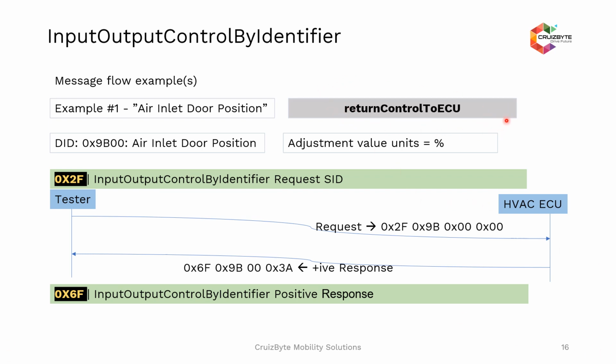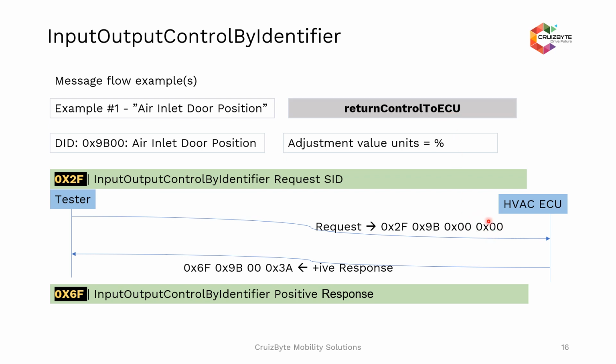So once the adjustment is done, you should send one more request to the server with this sequence of 0x2F, and 9B00 as the DID data identifier, and this is the control parameter to return control to the ECU.